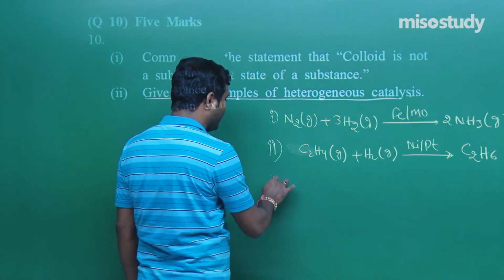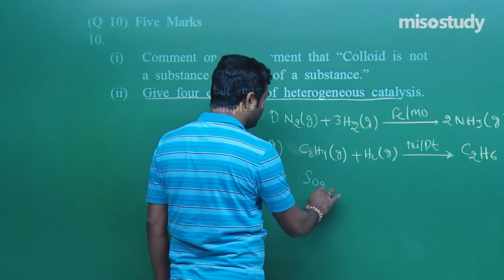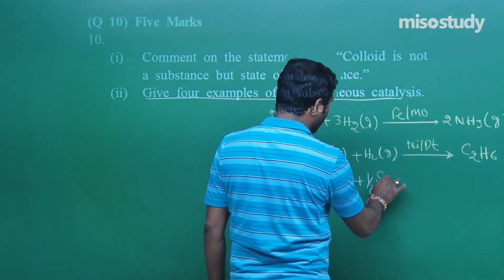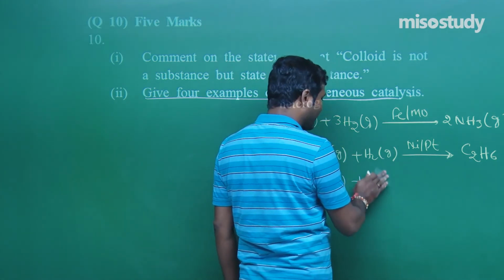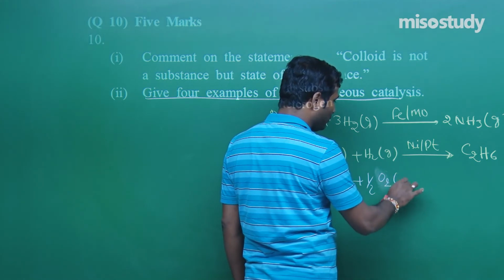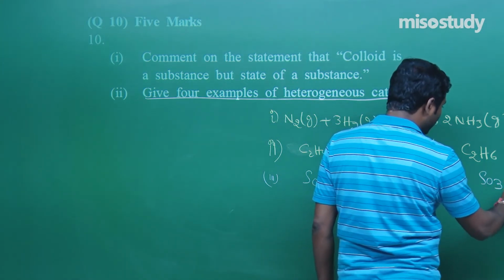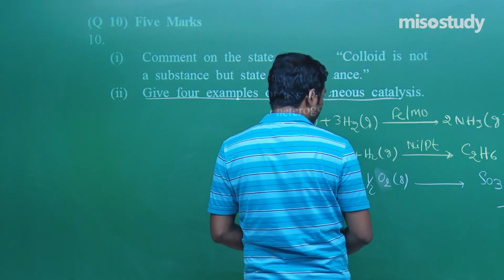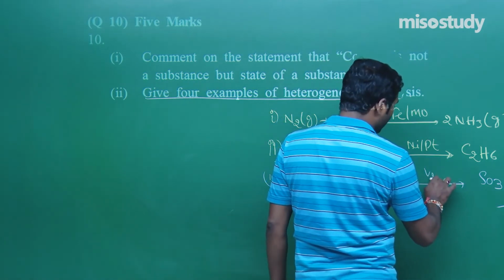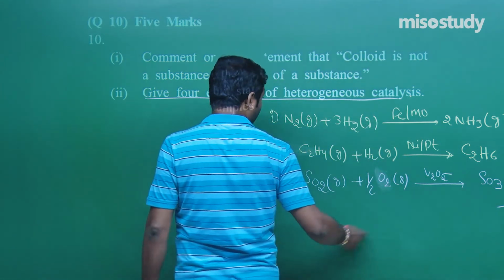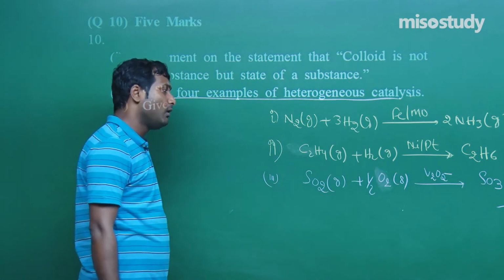If I write SO2 plus half O2, it gives you SO3. This is the basis of the contact process, in which we use V2O5. Remember this, V2O5.